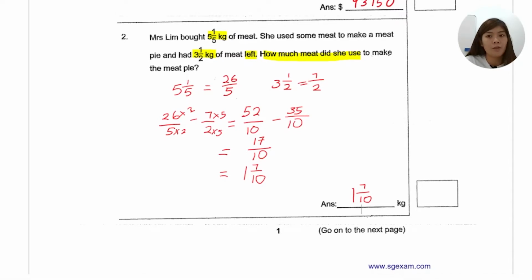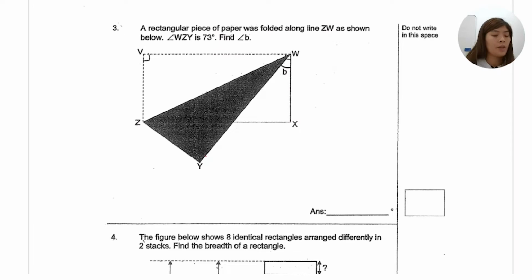Moving on, question 3. A rectangular piece of paper was folded along line ZW as shown below. Angle WZY is 73 degrees.